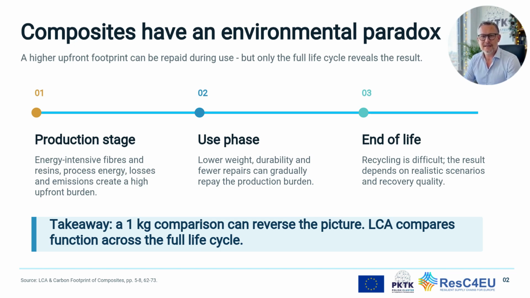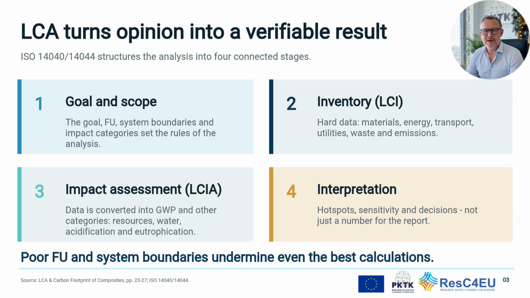At end of life, a difficult question appears: is recycling realistic, and what is the quality of the recovered material? This is why we cannot judge a composite only by its production stage or by 1 kilogram of material. LCA helps us test whether the initial environmental burden is genuinely repaid during the later stages of the product's life.